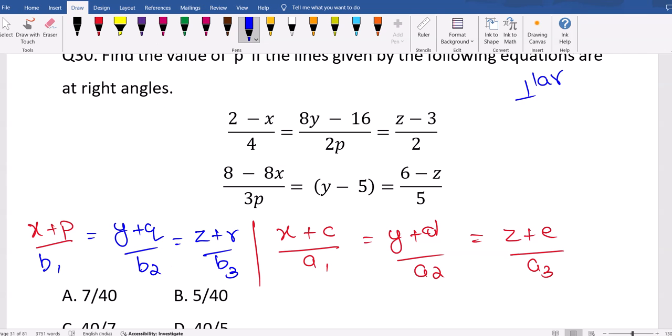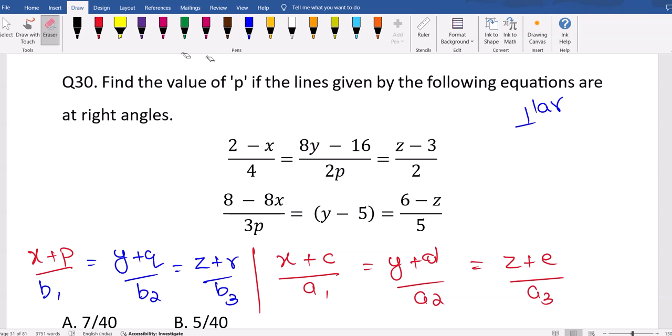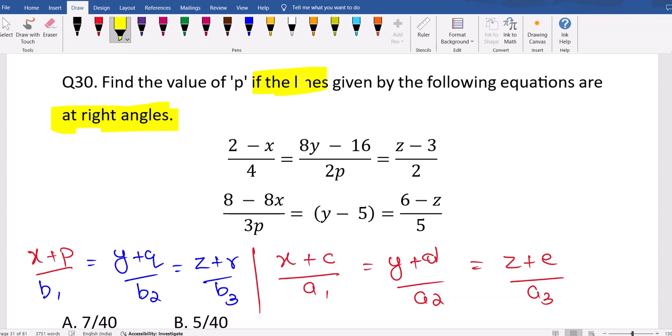When the lines are at right angle, to satisfy that, a1 b1 plus a2 b2 plus a3 b3 must be equal to 0.